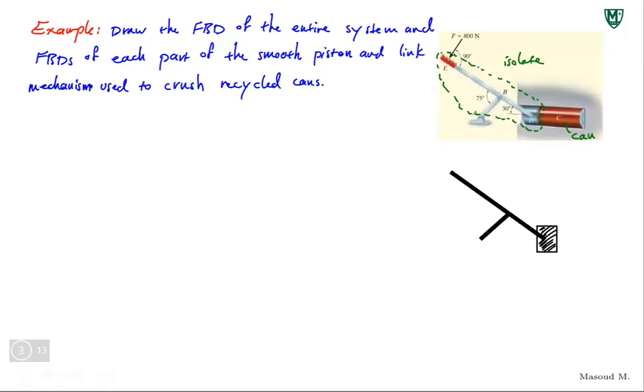All right, let's see what forces do we have. Well, we have one external force. That's pretty straightforward. We're given that, and it's perpendicular to this surface. It's F, it's 800 newtons. What else do we have there?